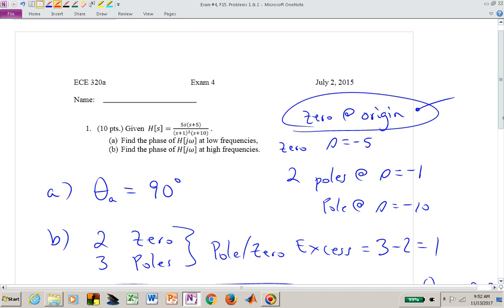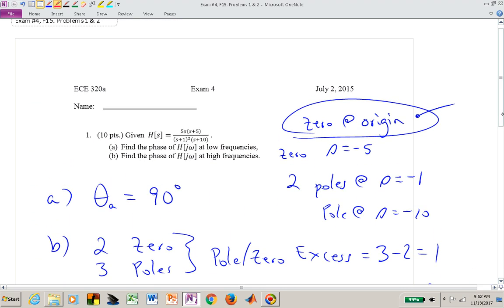And you could do the same thing with the phase. The phase is now starting at 90 degrees, and then it starts to change a decade before the next break, and that break is at 1. So at 0.1 we start going down, but we're going down with the influence of 2 pole factors. So we're going down at minus 2 times minus 45 degrees per decade. So we're going down at minus 90 degrees per decade.